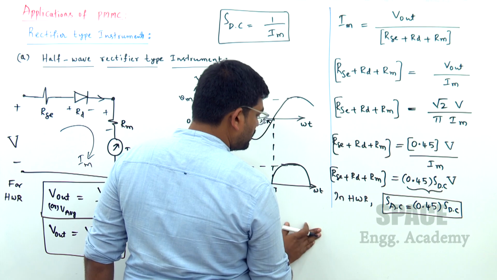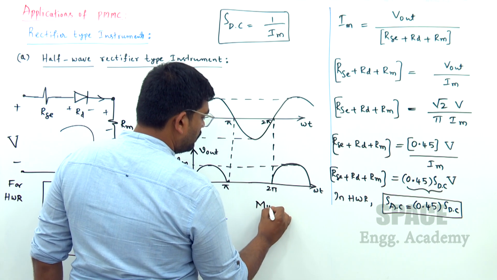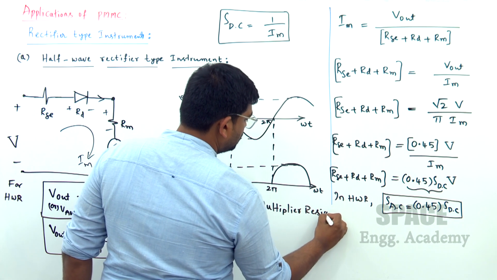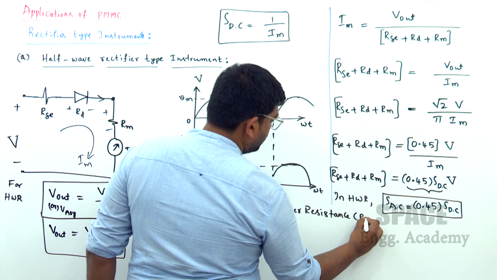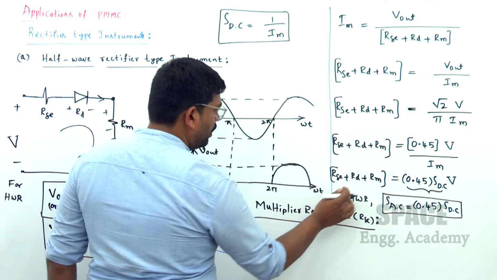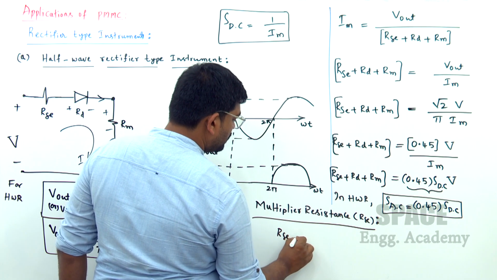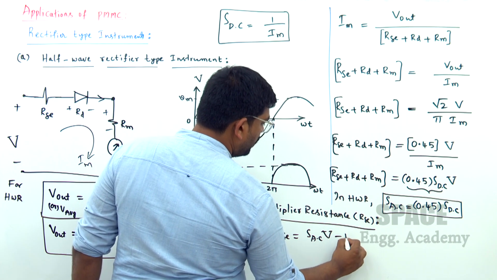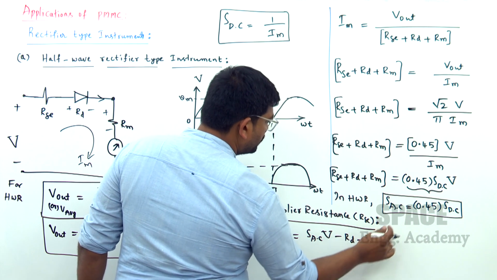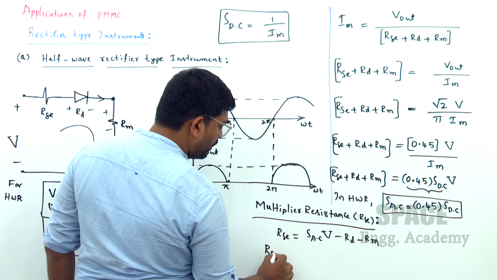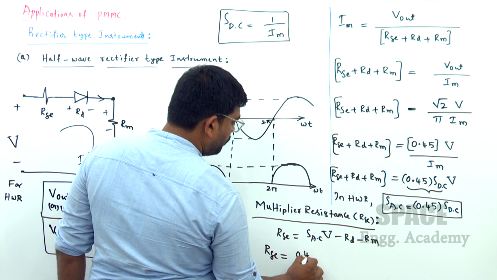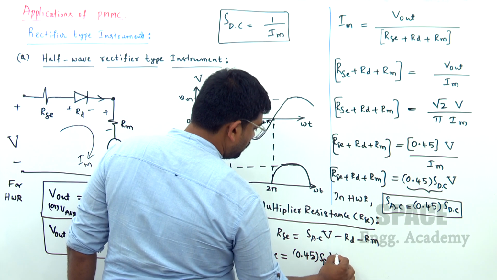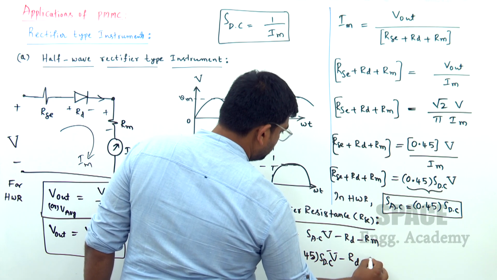So how can you write the expression for multiplier resistance? Multiplier resistance expression I am writing, that is for RSC. What can I write from this? RSC is equal to AC sensitivity into RMS. If I take RD and Rm to the other side, we get minus RD minus Rm. If you express AC sensitivity in terms of DC sensitivity, we get 0.45 into DC sensitivity into RMS minus RD minus Rm.